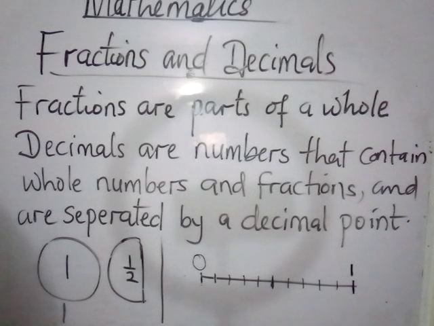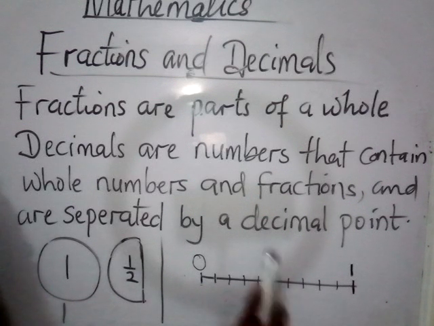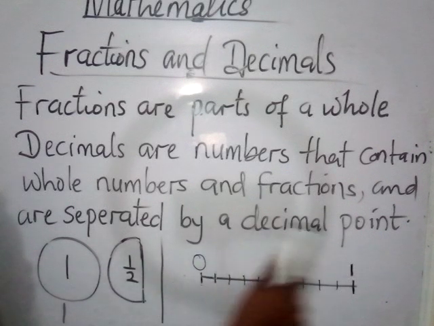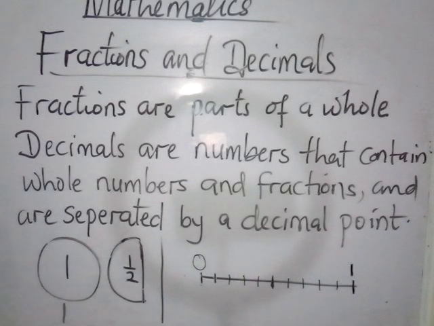So when you have whole numbers mixed with fractions, they are called decimals or decimal numbers. And the whole numbers are usually separated from the fractions in the number by a decimal point.